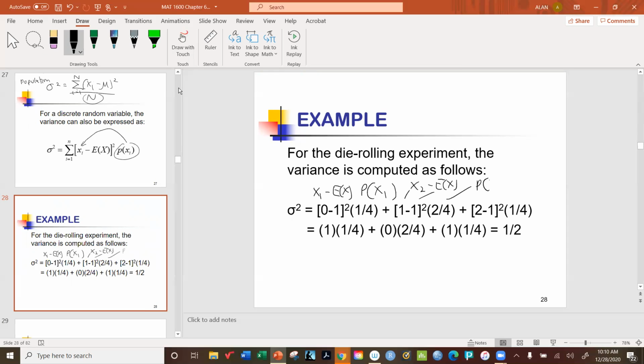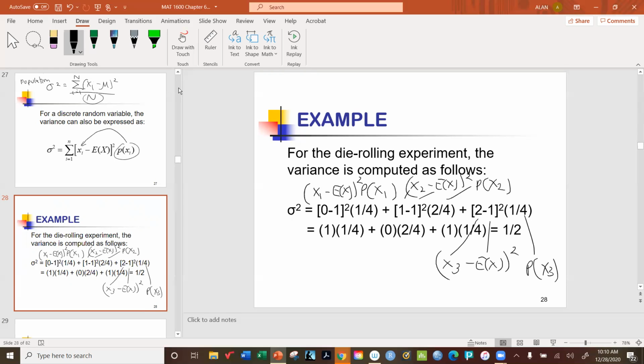This is the probability of x2. And then down here, we've got x3. I guess I should include this. And this is the probability of x3.